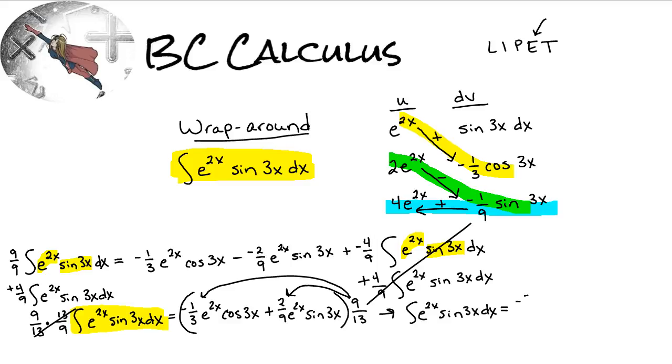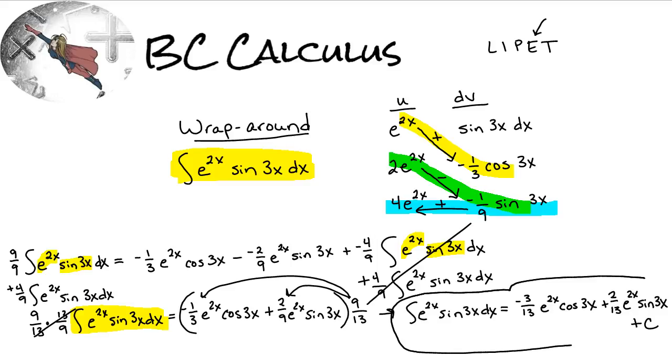That gives us negative 3/13 e to the 2x cosine of 3x, and then plus 2/13 e to the 2x sine of 3x, and then plus c. This right here is the final answer.